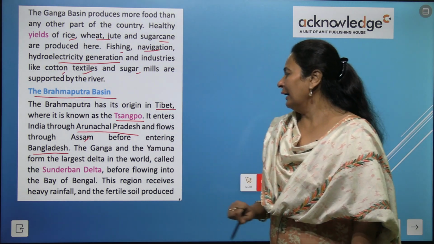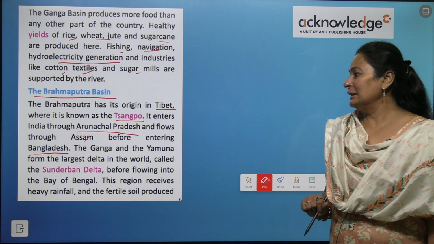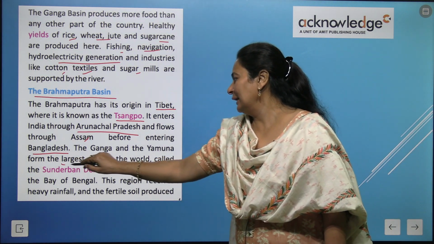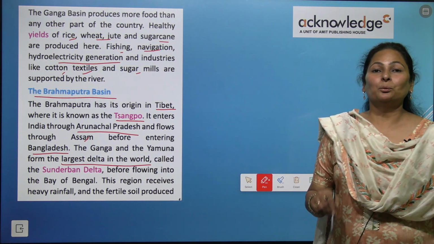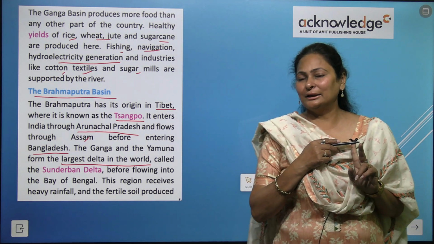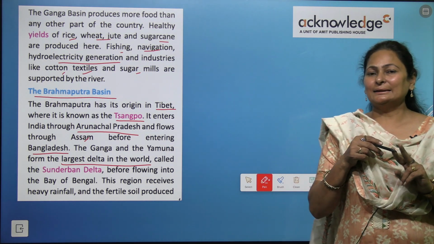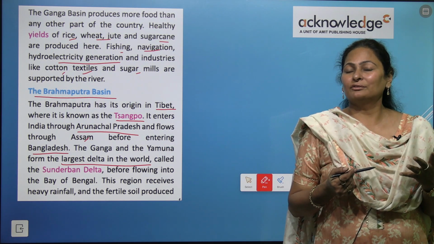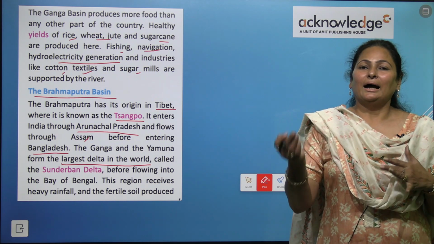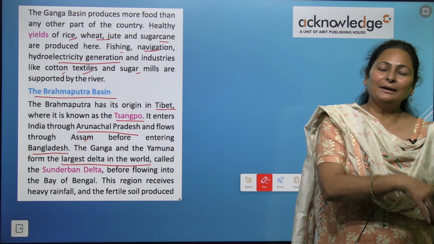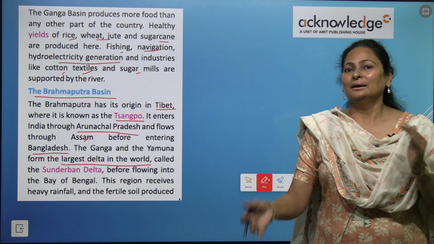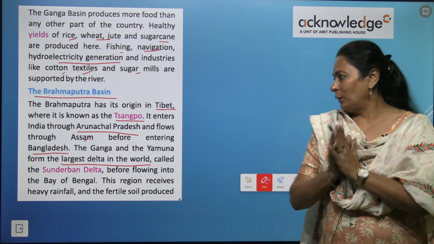The Ganga and the Yamuna form the largest delta in the world. Delta is, you can say, the mouth of the river, kids, and after that it merges with the Bay of Bengal, right?